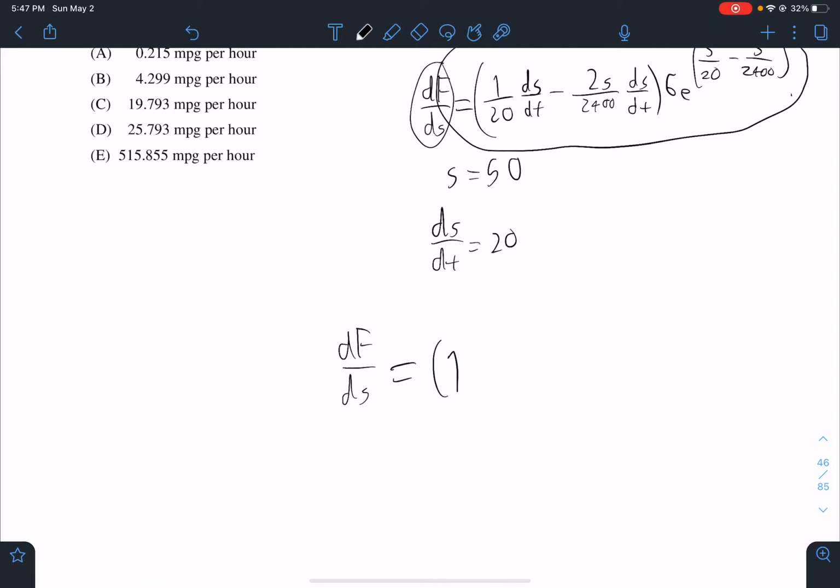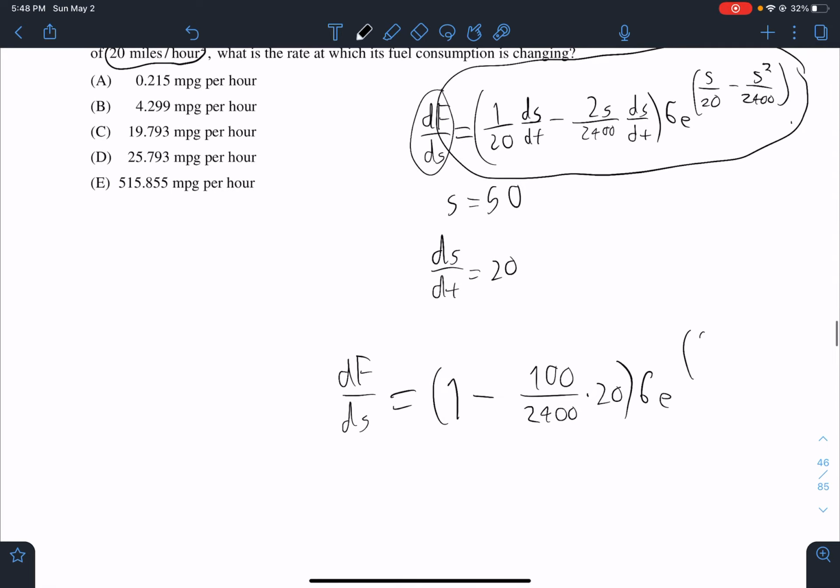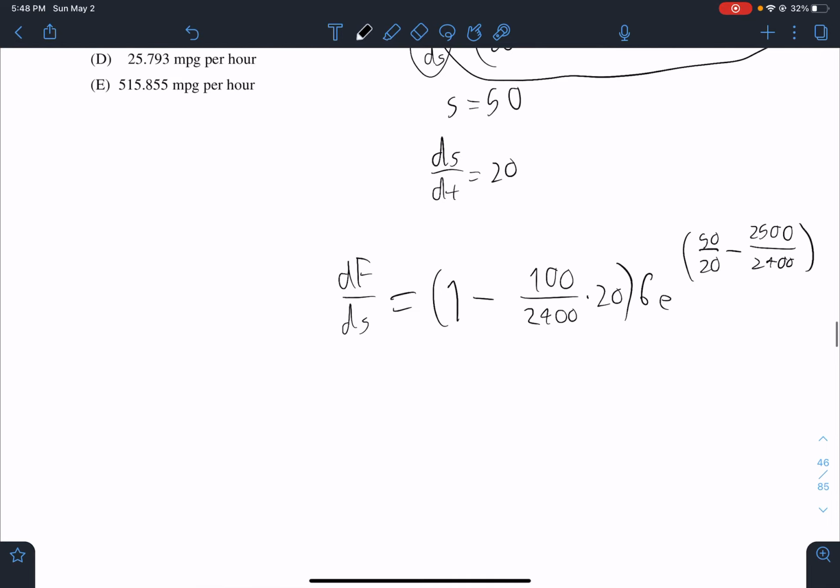Our first term is 1 minus 100 over 2400 times 20. We'll simplify this later. And then this will be times 6e to the 50 over 20 minus 50 squared, that's going to be 2500 over 2400.